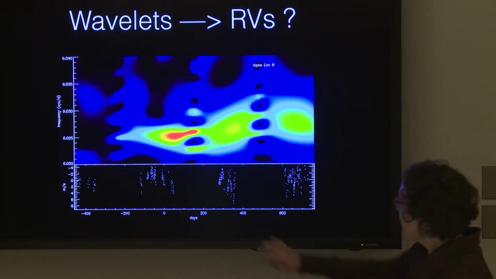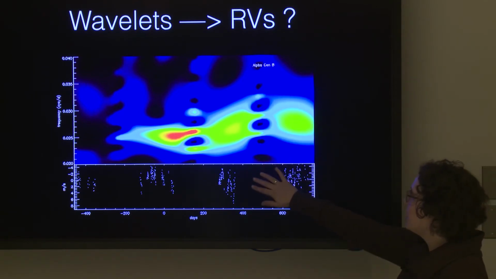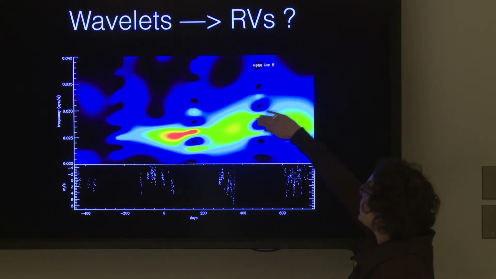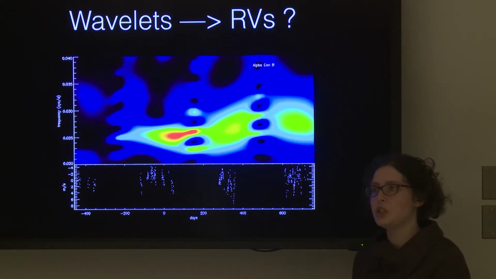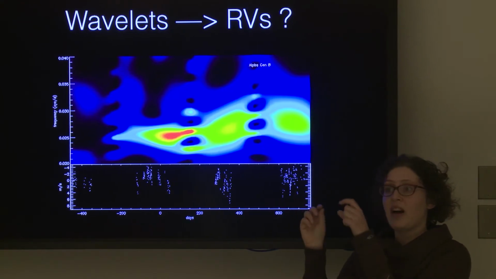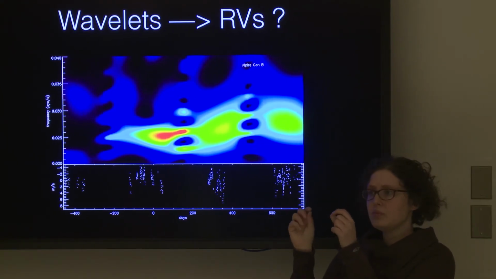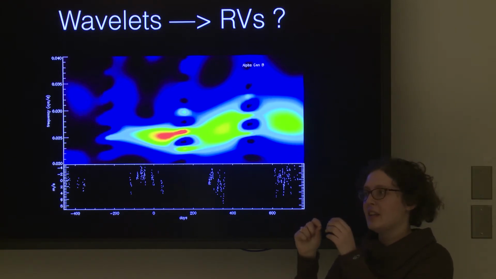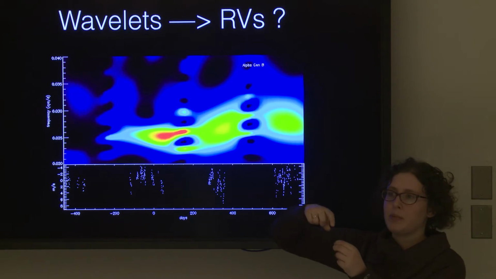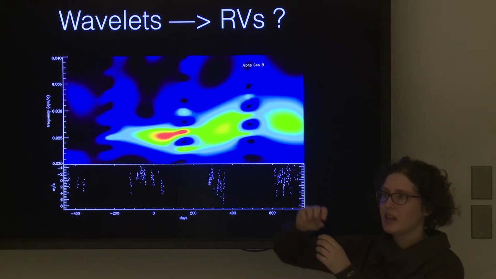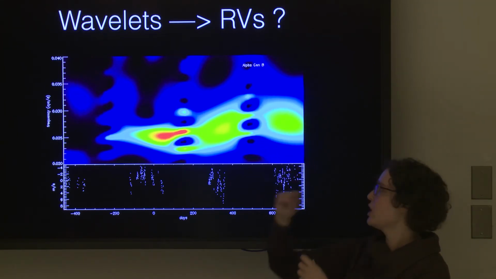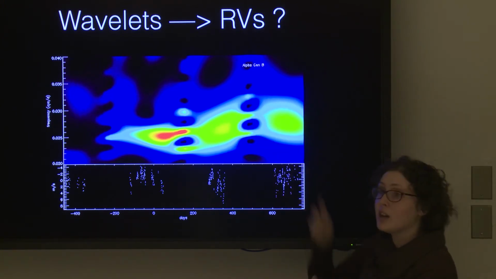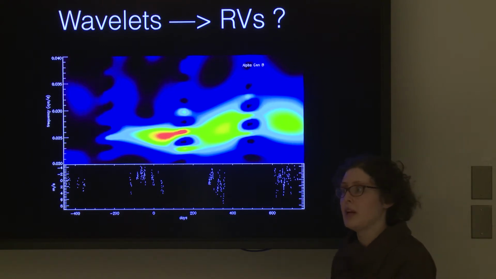For example, I applied that to this data set, and you can see there's a dominant frequency that's changing over time, which I think is due to the fact that, this is a little complicated, but there's spots on the star, and the exact period of the star depends on how high up they are in the star, and the spots are moving up on the star over time. So the dominant frequency in the data set that's caused by the stellar spots, not by the planet, is changing.